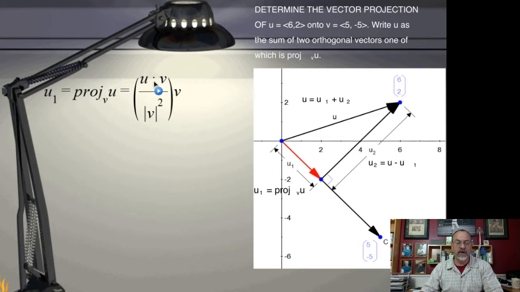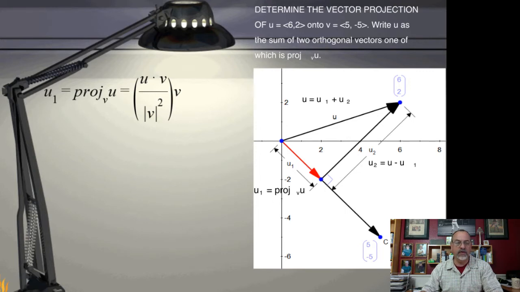So you take the dot product of those two over the magnitude of this vector here squared, and then you multiply that times this vector here in this direction, and that's going to give you the length of this red vector, or the components going to right here.